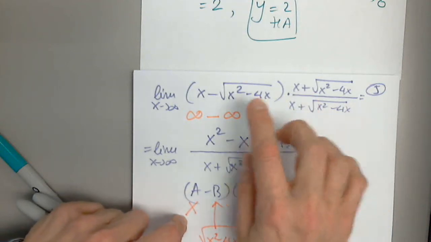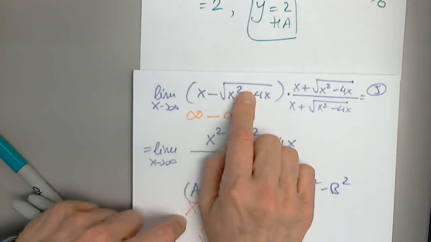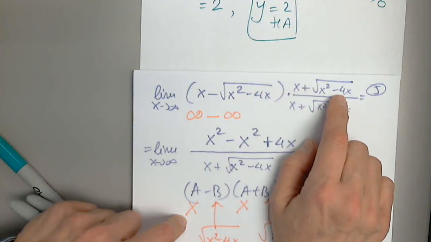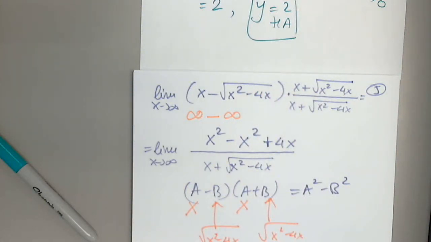But I have a minus b. If I multiply by a minus b, I'll get a squared minus 2ab plus b squared, and I'll never get rid of the radical. So the x minus just goes. So we're using this formula: a minus b times a plus b is a squared minus b squared. If I want to put plus on both, then I would have a squared minus or plus 2ab plus b squared, and I'll never get rid of the radical.